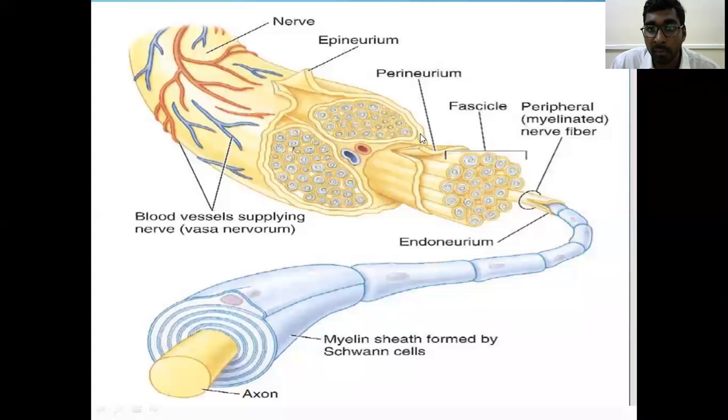One of those bundles is surrounded by perineurium. Inside each perineurium, you see several small nerve fibers, and each nerve fiber is individually surrounded by endoneurium. Inside each endoneurium, one nerve fiber is present. One nerve fiber contains an axon and a surrounding myelin sheath. This is the basic anatomy.